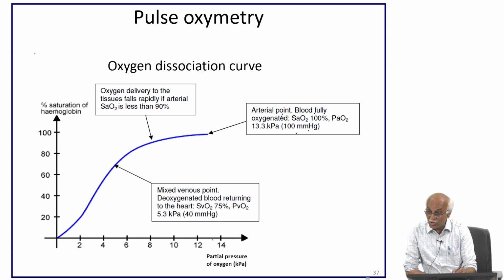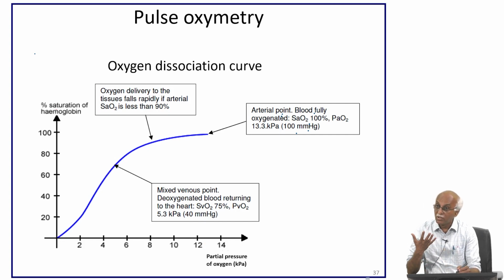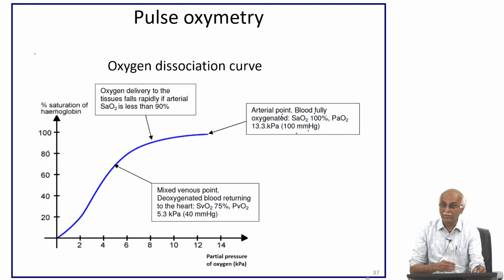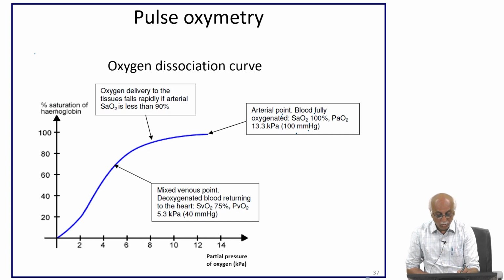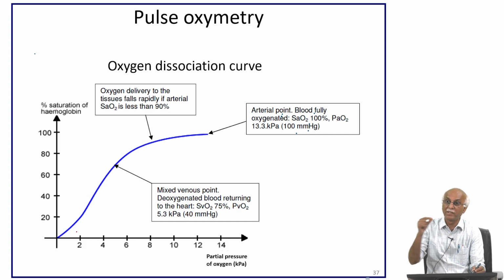If the partial pressure of oxygen decreases, that means the amount of oxygen in blood decreases, correspondingly the oxygen getting attached to the hemoglobin will decrease, and we see that below 10 or 8 kilopascal partial pressure of oxygen, the oxyhemoglobin level decreases exponentially. And that is why you must have heard that during pulse oximetry, below 80% is a very dangerous limit, because even a small decrease in oxygen level will end up with a very small amount of oxygen coupled with the hemoglobin.